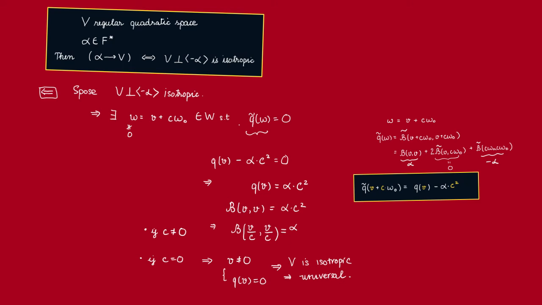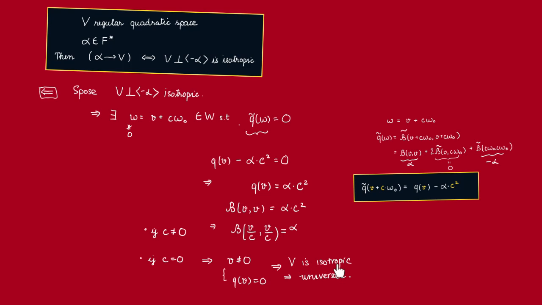But there is a caveat here. We can only do this scaling if C is non-zero, right? So what if C is actually 0? Well, no problem. If C is 0, and remember this original vector is non-zero, then this W is just going to be equal to V. So if this is non-zero, that means V is non-zero, but now the norm of V is equal to the norm of W, so the norm of V is 0.